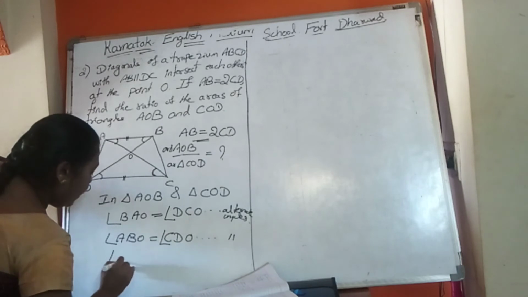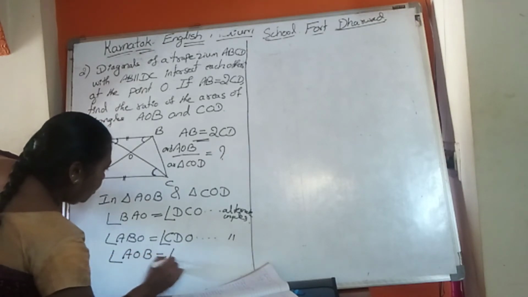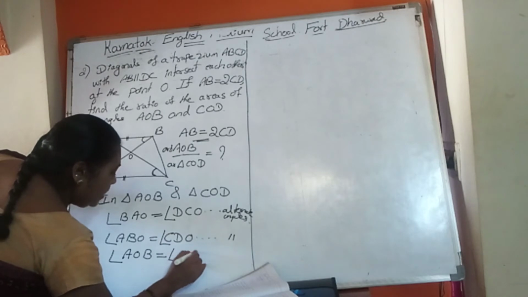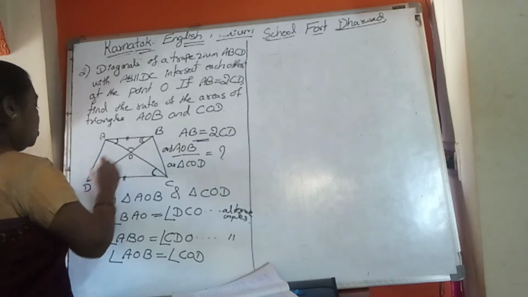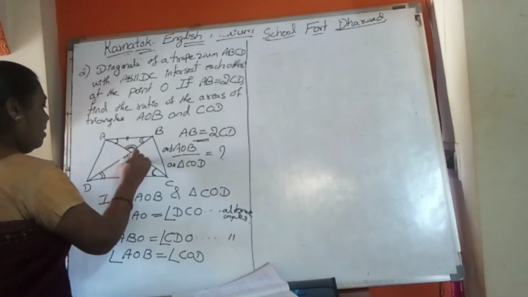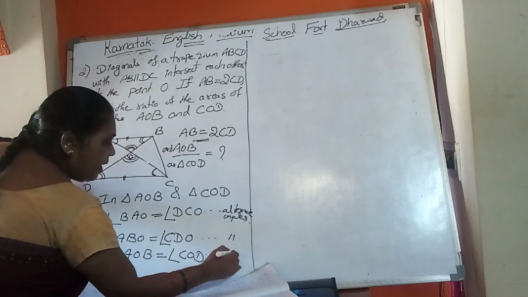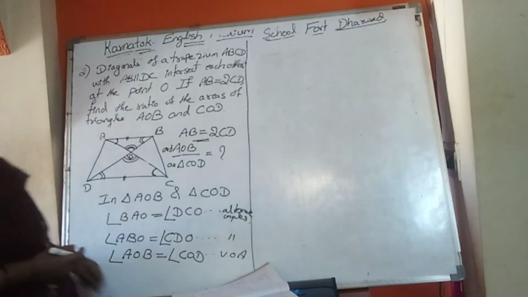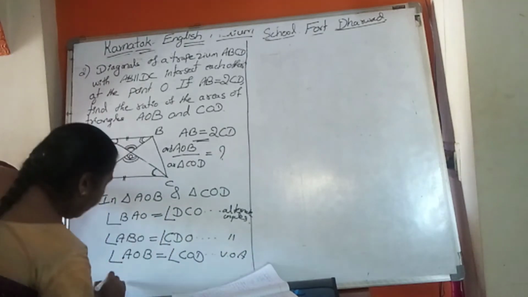And angle AOB is equal to angle COD. These two are also equal. Why? These angles are vertically opposite angles.